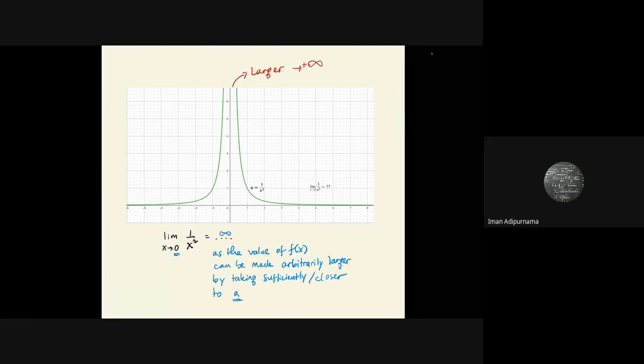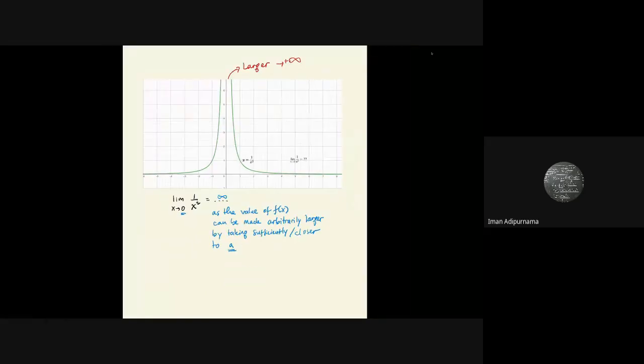So the limit as x approaches a of f of x is infinity. If we put in values nearby a, the value is getting larger, so we can say it's infinite.